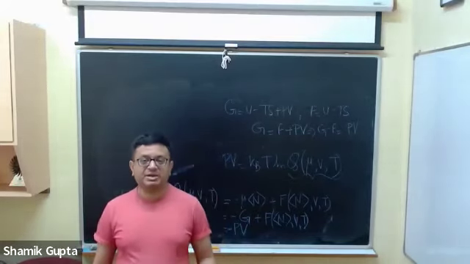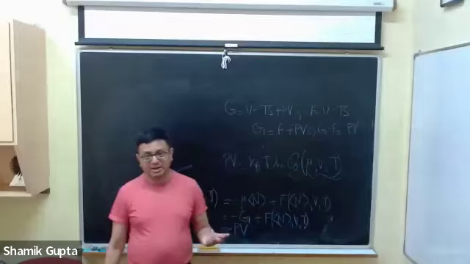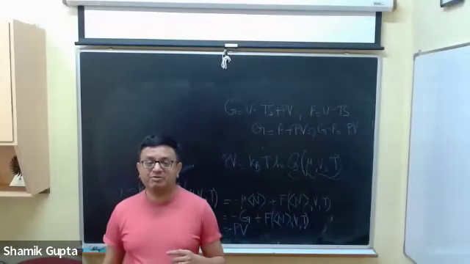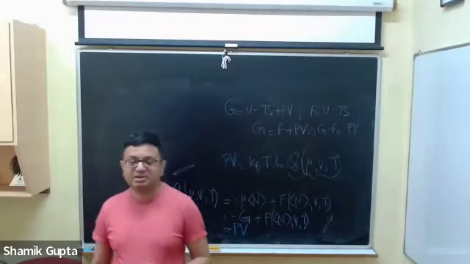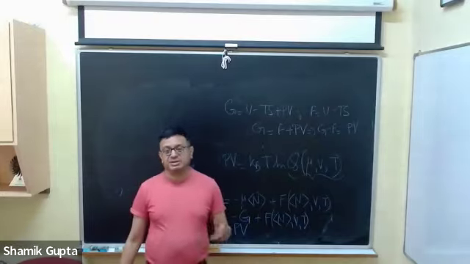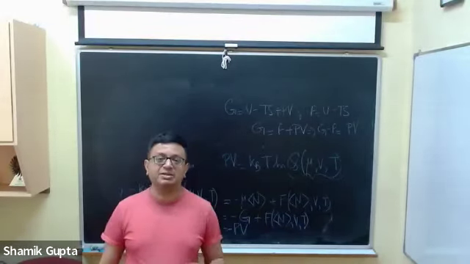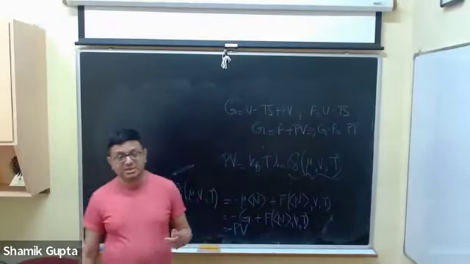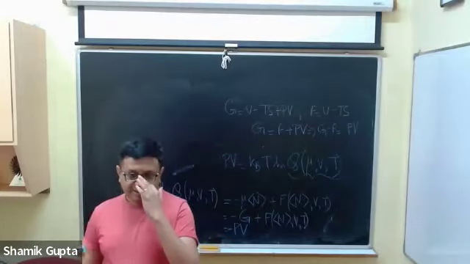Then in the microcanonical ensemble, we normalized the phase space density, we got a factor gamma, and when we took the log of it and multiplied it by kB, we got the entropy of the system. Once we know the entropy of the system, we knew how to compute different intensive variables of the system. Temperature: 1 by T is equal to del S by del E, pressure: P by T is equal to del S by del V, and so on.